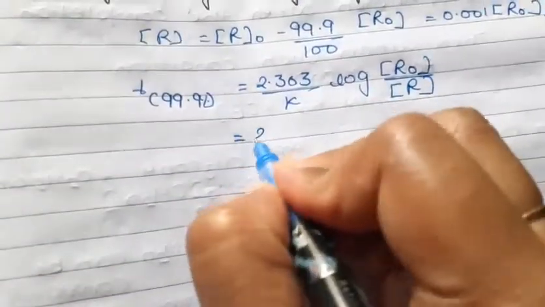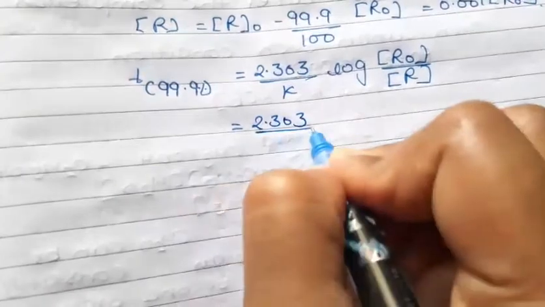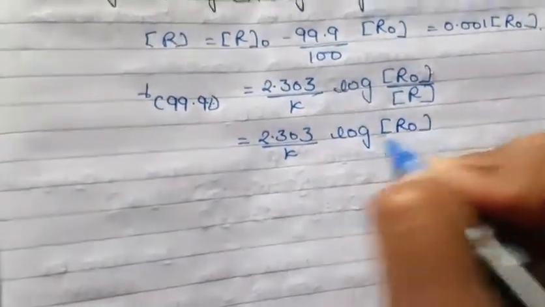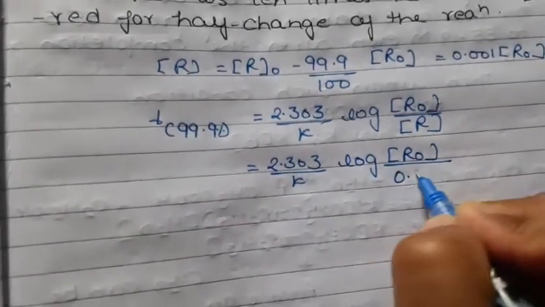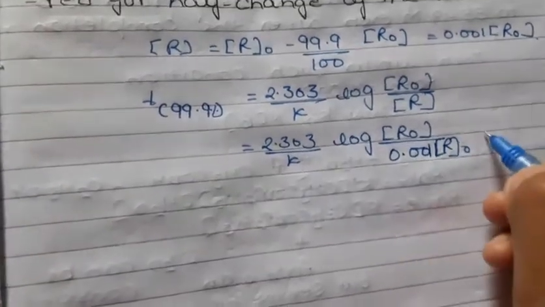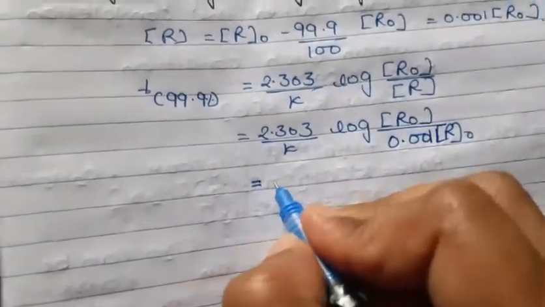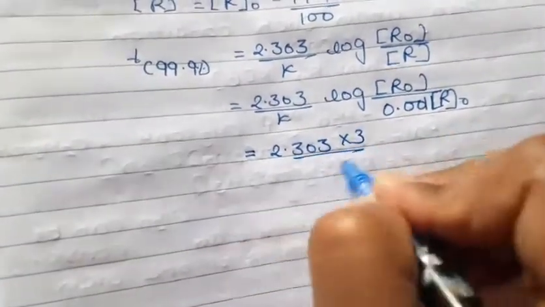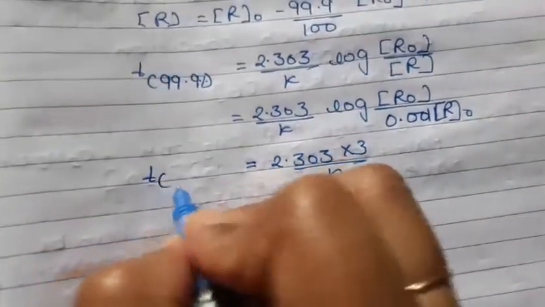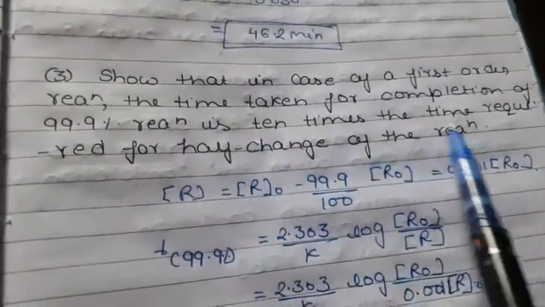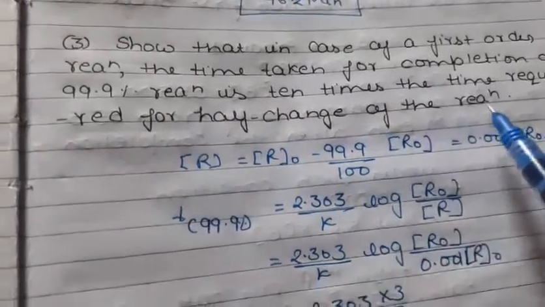Okay, so 2.303 upon k log R naught upon R, where R is 0.001 R naught. From here we get t 99.9% equals 2.303 into 3 upon k. Okay students, now the question says 10 times the time required for half change of the reaction.